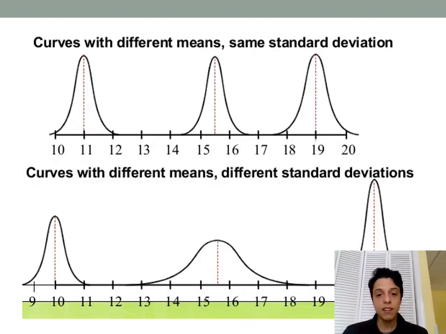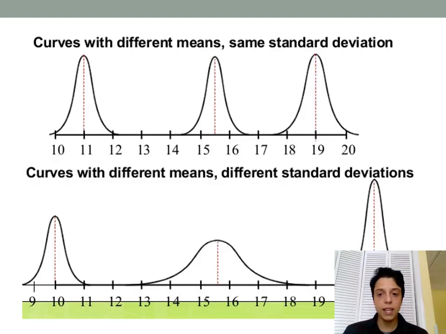The second set of normal distributions there shows you normal distributions with different standard deviations. And just like standard deviation in the first unit told us how clumped together or spread out our data is, the standard deviation in a normal distribution tells you the same thing.